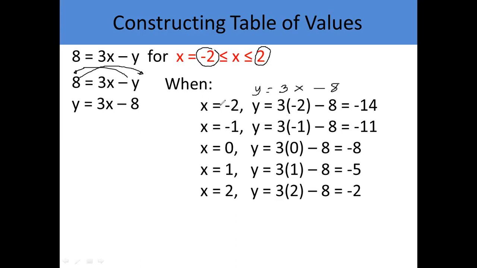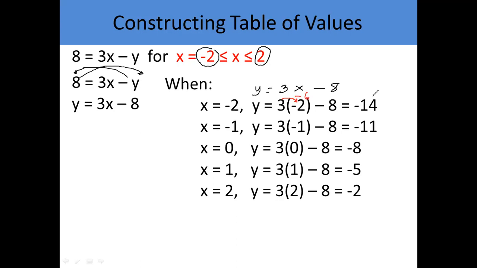Given that x equals negative 2, therefore 3x, or 3 times negative 2, equals negative 6, minus 8, equals negative 14.